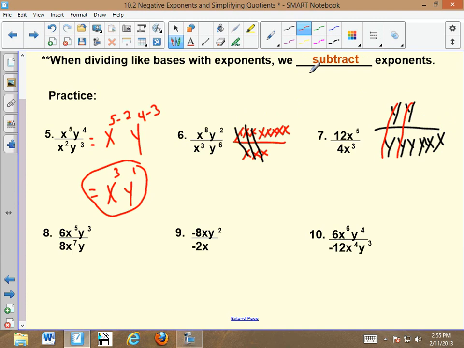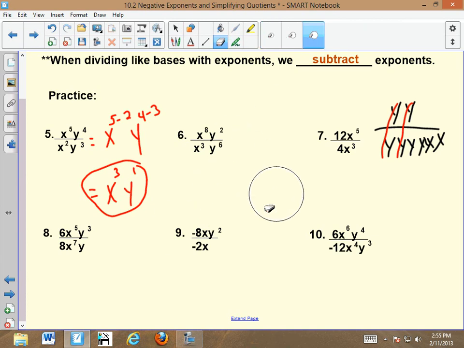That leaves me 4 y's on bottom, and then writing your answer, x to the 5th over y to the 4th, then please do that. Okay? If you need to do that, go ahead.